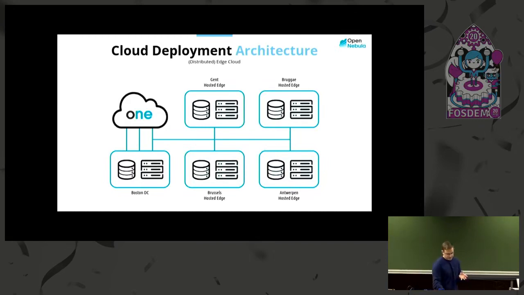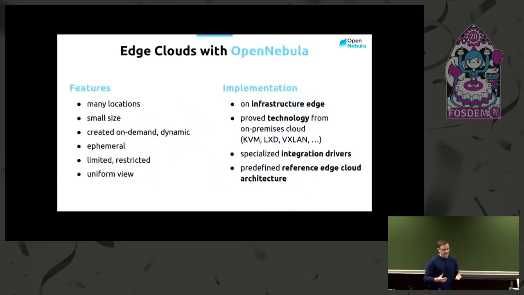The main difference is we can expect there will be many more such smaller clouds, and they will have a dynamic nature. They can be created dynamically and destroyed at any time we need. So they are ephemeral, and also restricted and limited.